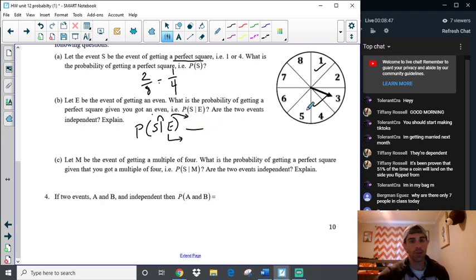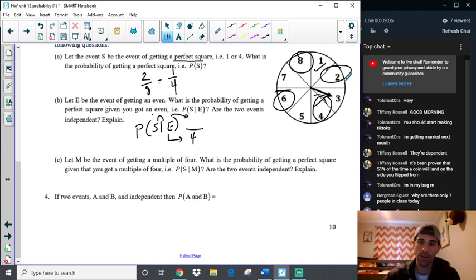The probability of getting an even, 2, 4, 6, and 8, there are 4. Probability of getting a perfect square and an even: think of 2, 4, 6, and 8. How many of these are perfect squares? Well, there's just 1. So it's a 1 in 4 chance.